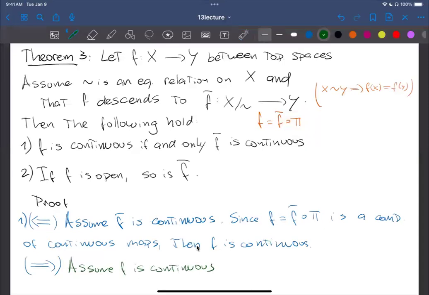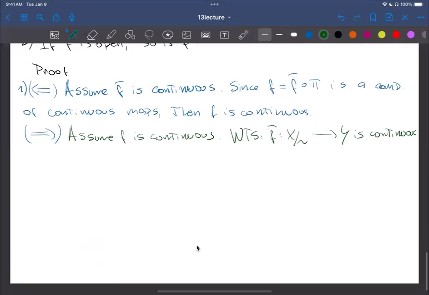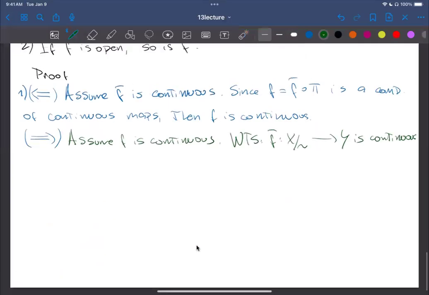And so that's what we assume, and we want to show f bar is also going to be continuous. So how do we prove such a thing? We need to take an open set in Y. So let U inside of Y be open.